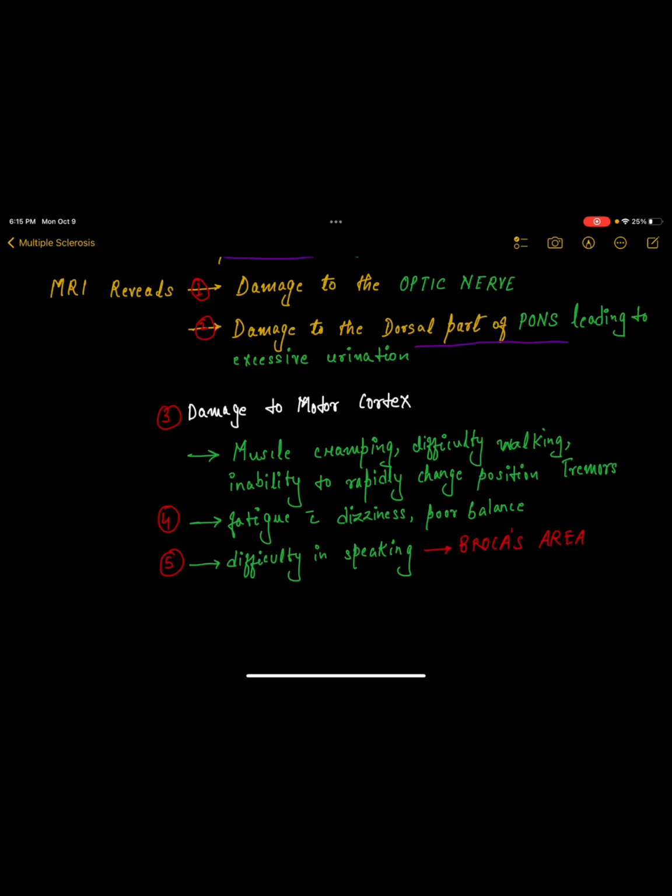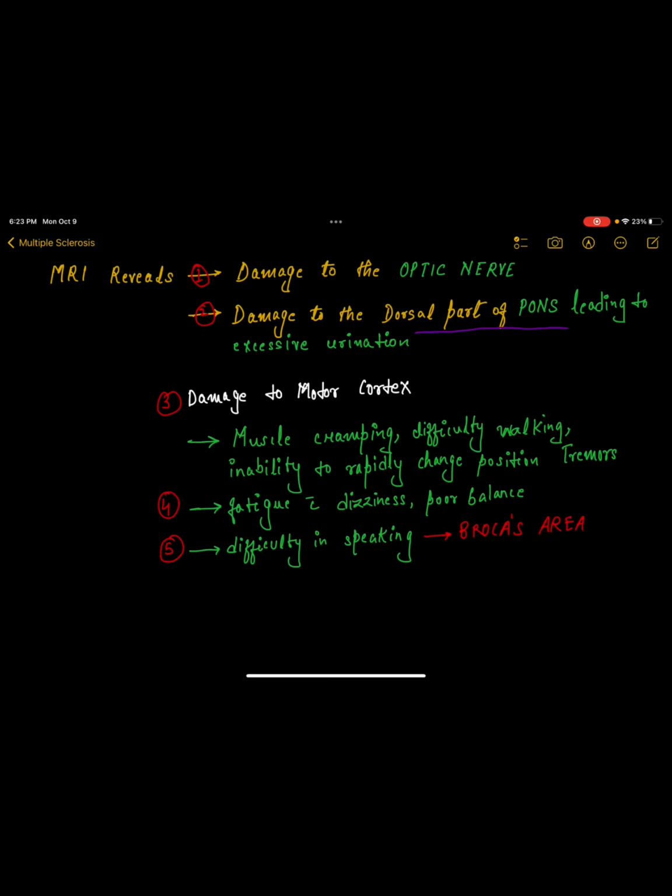Sometimes she used to develop tremors, numbness or a tingling sensation in her lower limb, and also fatigue and difficulty in speaking, because there was damage to the Broca's area of her brain. Her attendant told me that she developed difficulty in speaking just 2 to 3 months before.